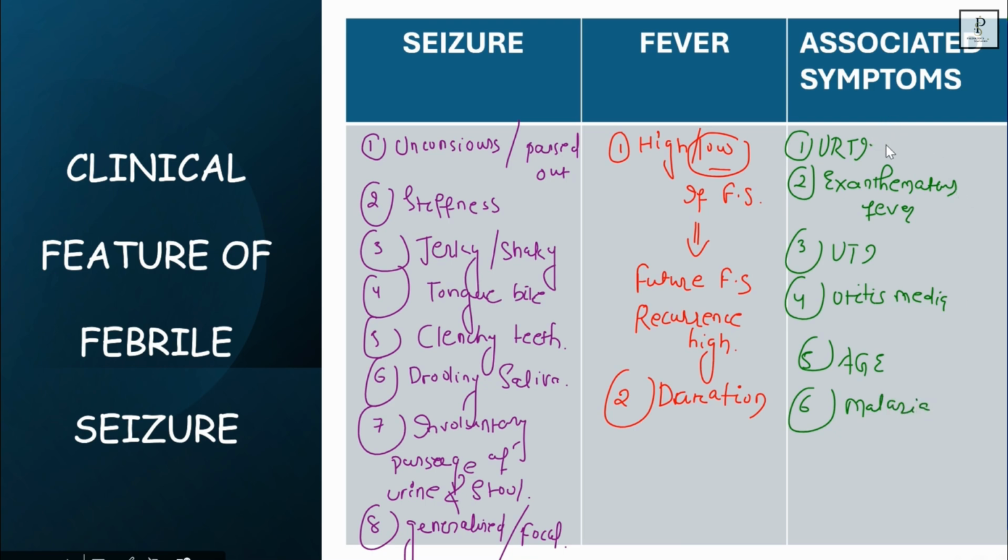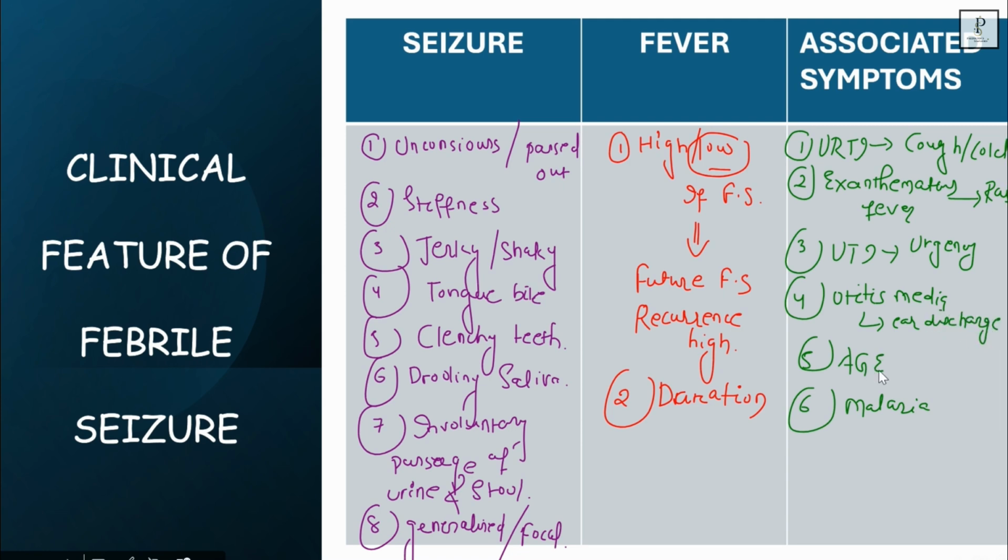So if URTI, the child will present with cough and cold. If exanthematous fever, the child will present with rash. If UTI, the child will present with urgency of passing urine. If otitis media, the child will present with ear discharge.